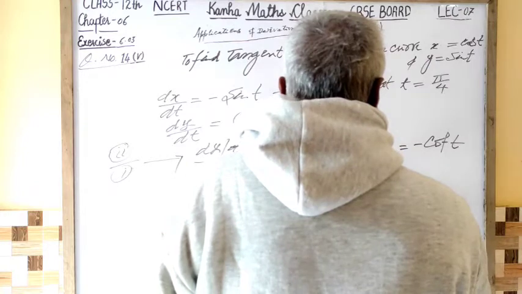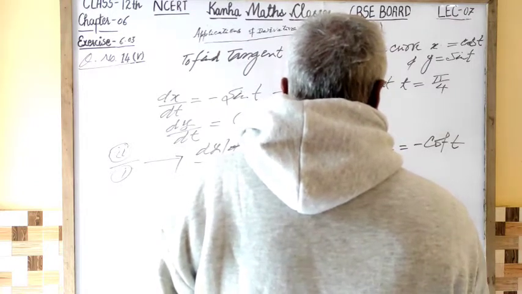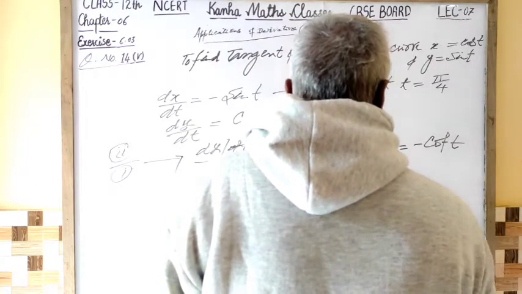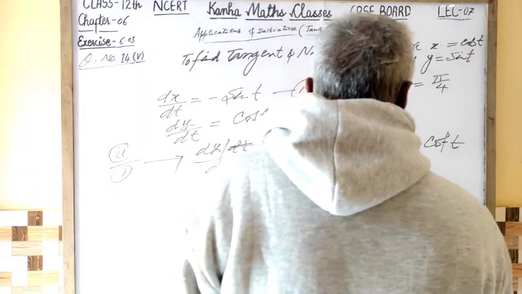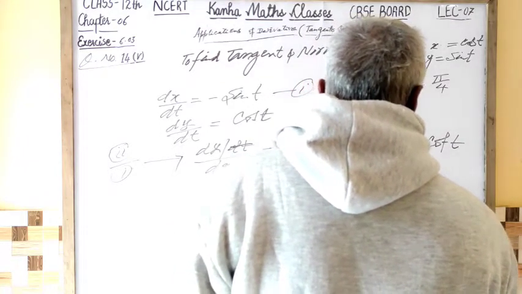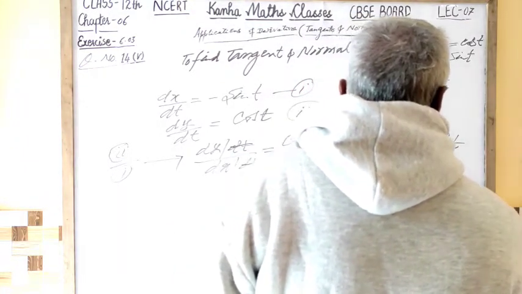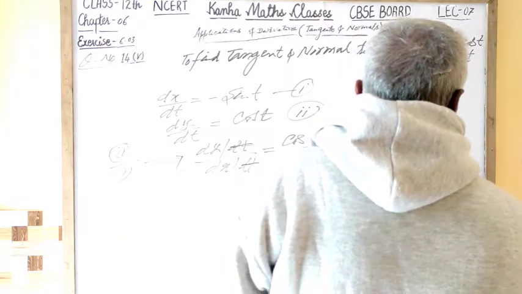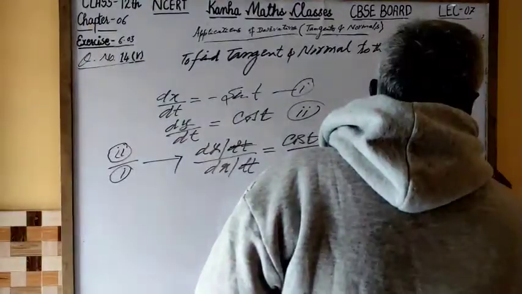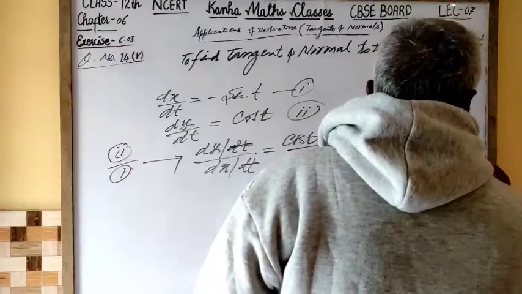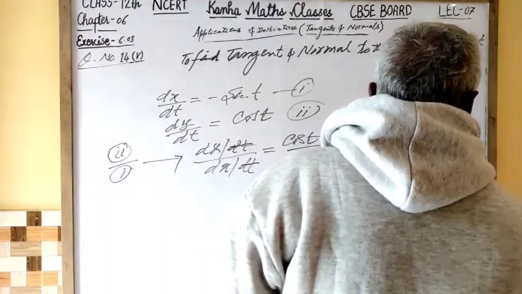So dy by dx at t equal to pi by 4 we get minus cot pi by 4, or minus 1.